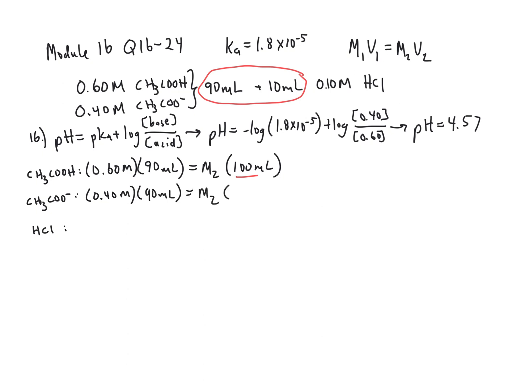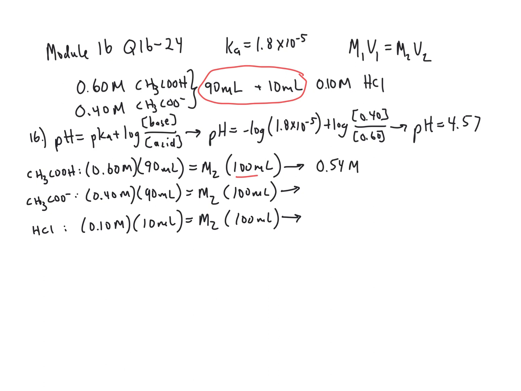And for the HCl, I've got 0.1 molar HCl. I only had 10 milliliters of HCl, but I can still find my final concentration once I dilute it to 100 milliliters. So my final concentration is 0.54 molar of the acetic acid, 0.36 molar of the sodium acetate, and 0.01 molar of the HCl.